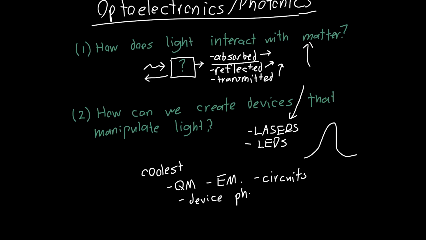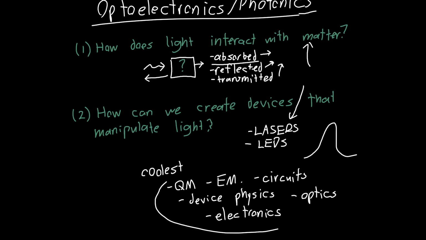To a certain extent, you need to understand optics and more general electronics. And most challenging is understanding how all of these behave together, how one flows into another, and how they interact with each other. And so I think optoelectronics is super cool to study for this reason. It brings together many different domains of knowledge into a coherent model, which is really, really cool.